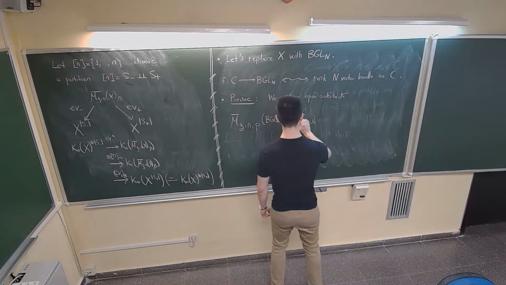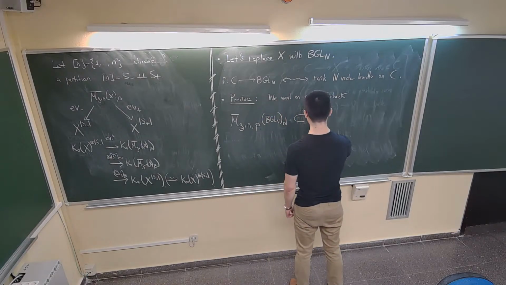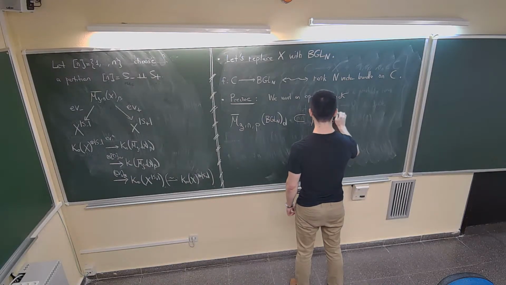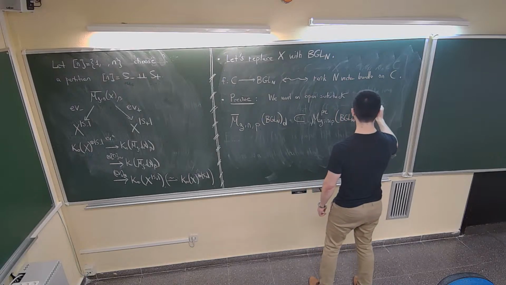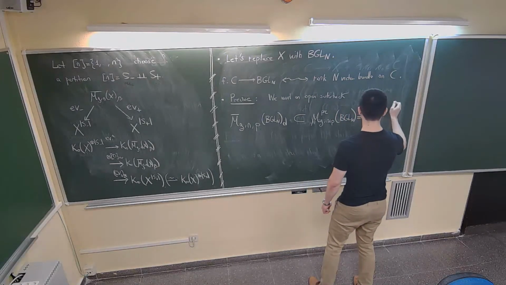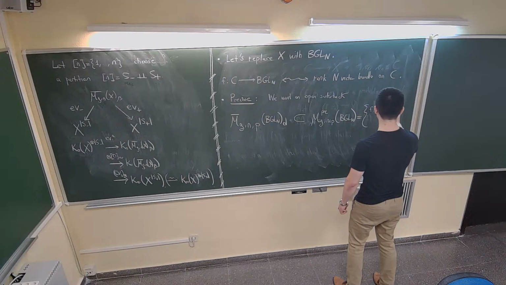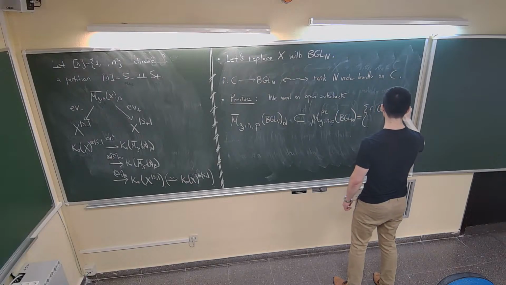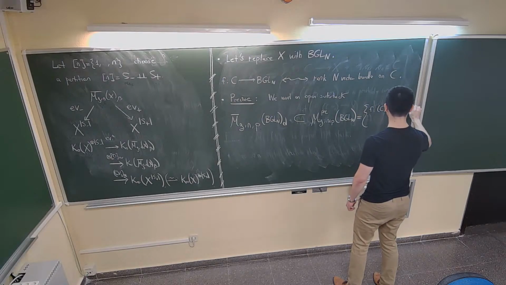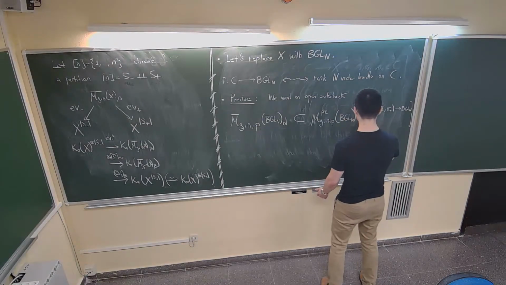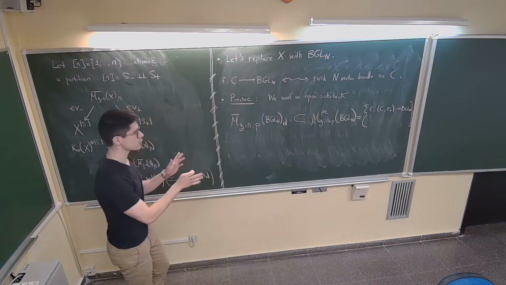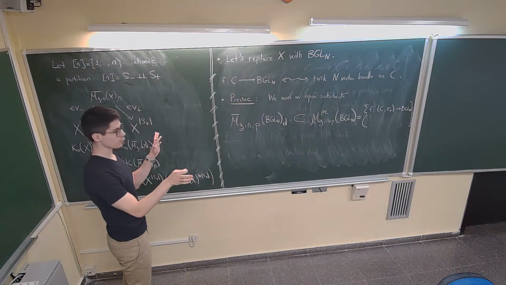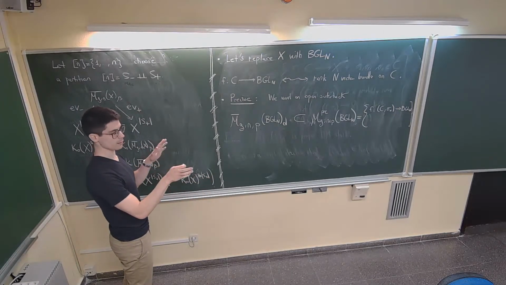And that's going to be inside of the stack, I'm going to call it M pre-stable, g, n plus p, of BGLN, which is just the stack of all morphisms from a curve with m plus p many markings into BGLN. So that's just literally any nodal curve with some m plus p markings and a rank n vector bundle.